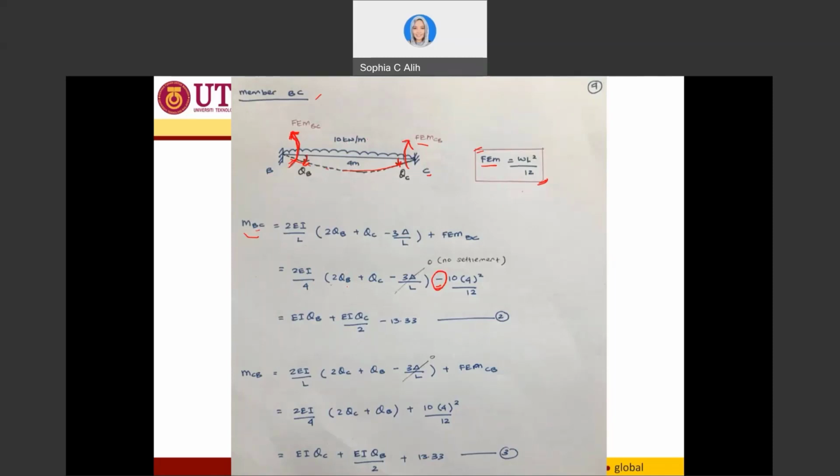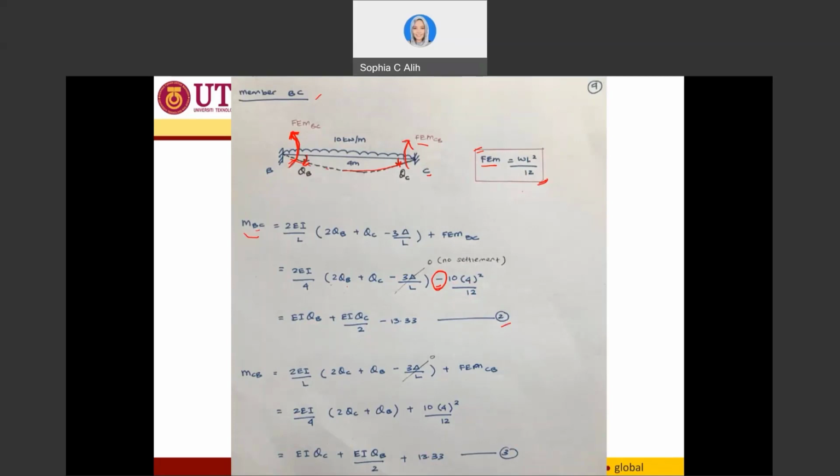W is 10, the uniform distributed load is 10, and L, the length of the span, is 4, so I have 10 times 4 square over 12. So I solve this equation. I will have EI theta B plus EI theta C over 2 minus 13.33. I keep this equation as number 2.